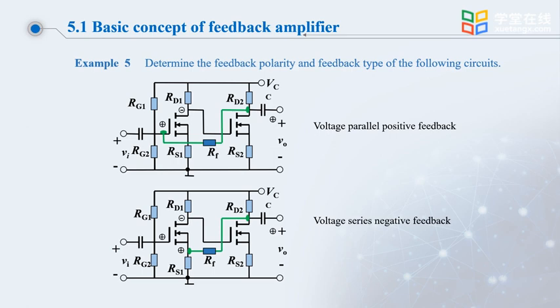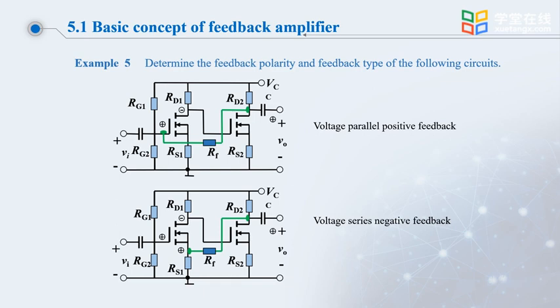Using the instantaneous polarity method, the grid of the T12 is given instantaneous positive. By signal trend, the drain of T12 should be instantaneous negative. Then the gate of the T22 is also transient negative. Then the drain of the T22 becomes instantaneous positive. What we care about is the current on the RF.